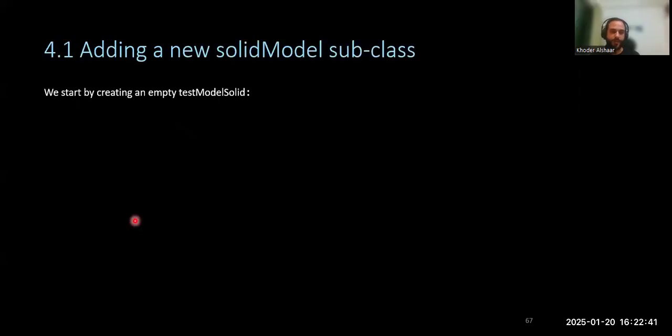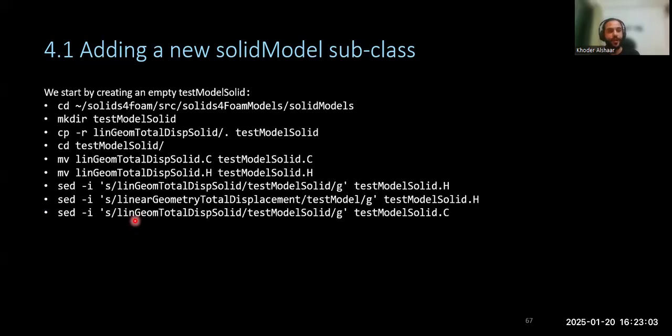For a start, for the future perspective of researchers who are interested in creating a solid model, I have created this part specifically: how to create a base class from which you can start creating a solid model in solids4foam. Basically, you can choose any solid model.